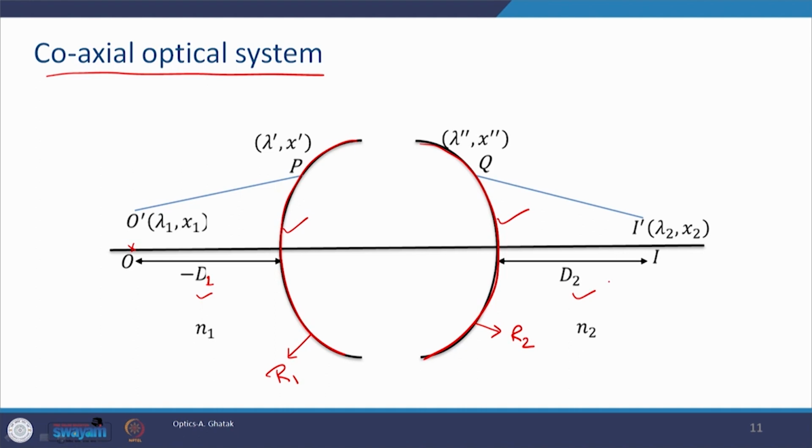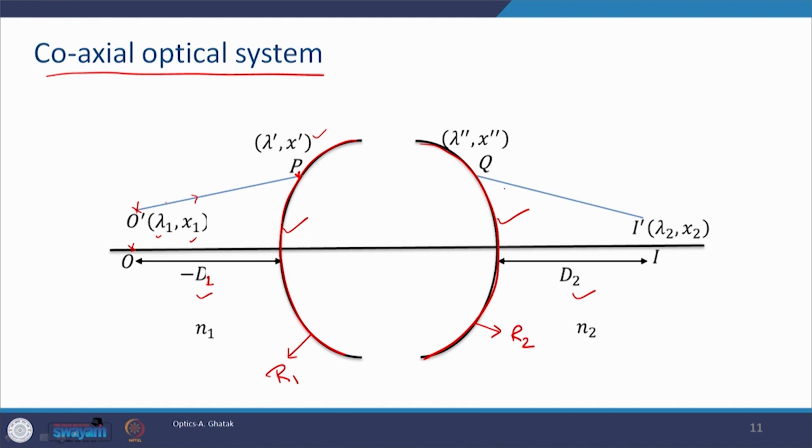Now, OO prime is the height of the object, which is x1, and the coordinate of O prime is (lambda1, x1). From O prime a ray emanates and falls on the left refracting surface of the optical system, and the coordinate of this point is (lambda prime, x prime).